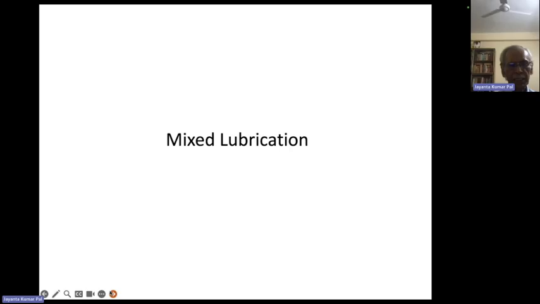Mixed lubrication, as we said before, is a combination of lubrication in the boundary mode and hydrodynamic mode. Some part of the contact is in the boundary mode, and some portion is in the hydrodynamic mode.